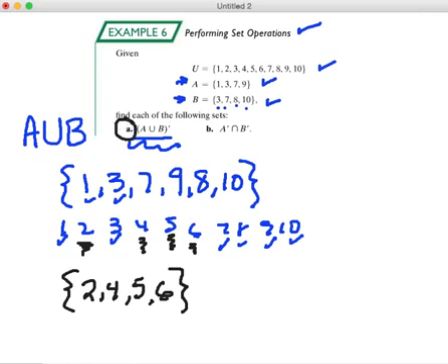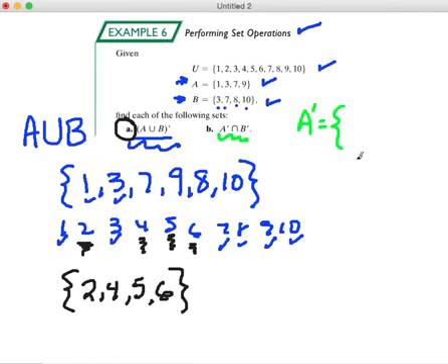Now let's try part B. Let me get maybe a darker color here. For part B, I'm looking for the following. First I have to find the complement of A. What is the complement of A?